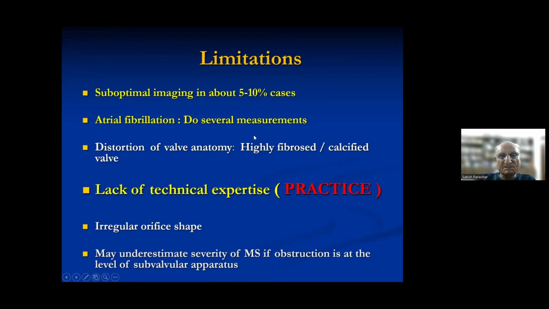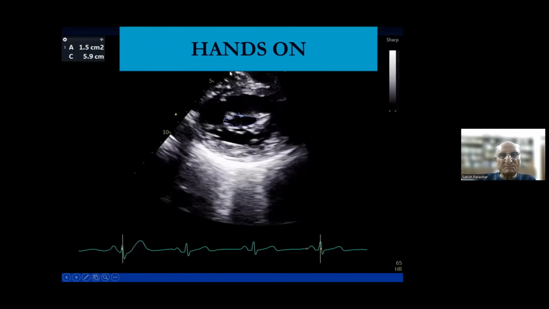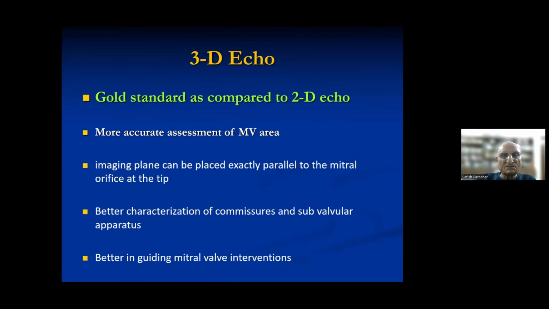There are other methods also, but because this method is the best, you always do a lot of practice in these cases, because the main thing is how to get to a short axis view, how to go to the mitral valve level, and how to measure it. This will be shown to you, so you will understand better than with me spending time on it. And one point: 3D echo is the gold standard as compared to 2D echo.